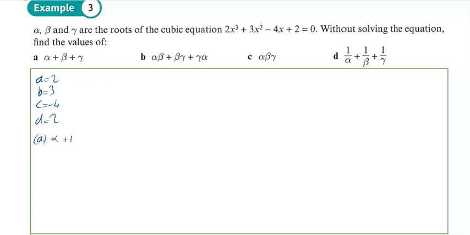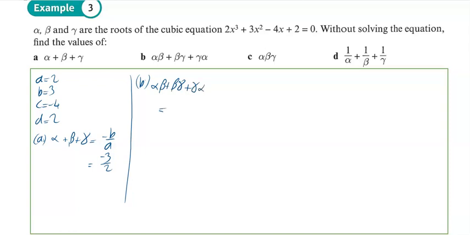So alpha plus beta plus gamma, from what we have in our notes, is equal to minus b over a. So in this case, minus b over a is going to be minus 3 over 2. For part B, this is our sum of the pairs, all possible arrangements we have for the pairs.